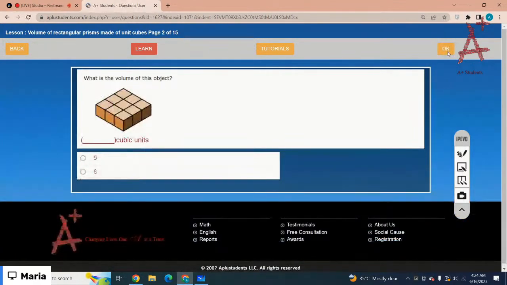Okay, what is the volume of this object? You have 3 rows and each have 3 cubes. Got it? So you have to do 3 times 3. The volume is 9.